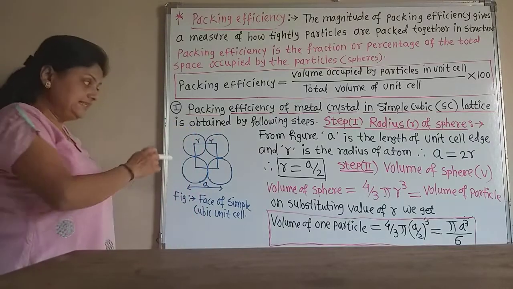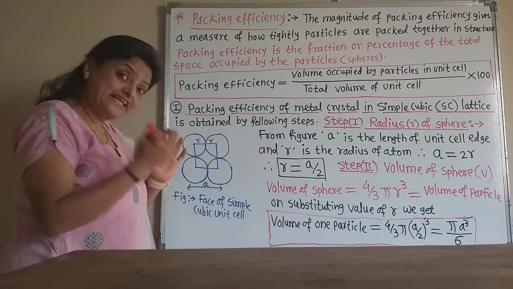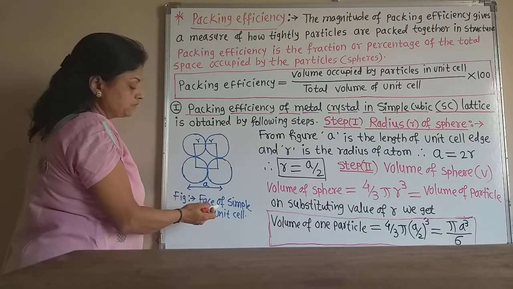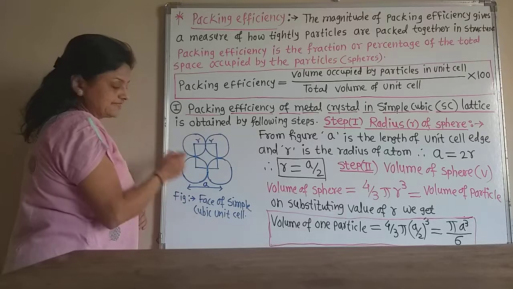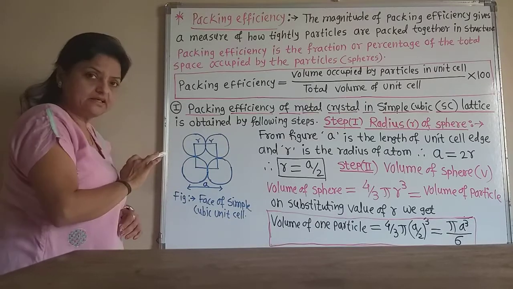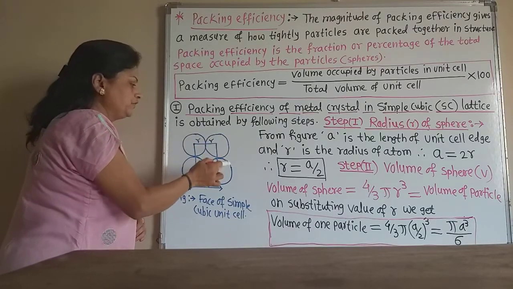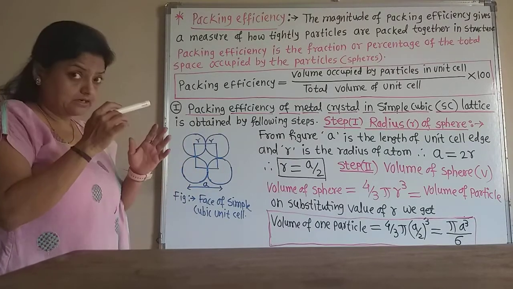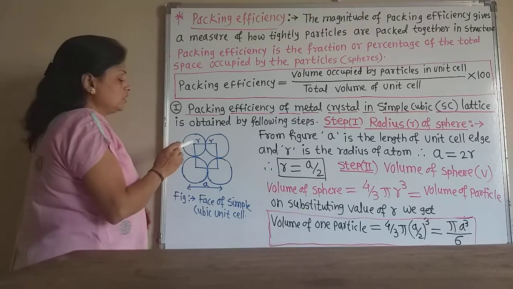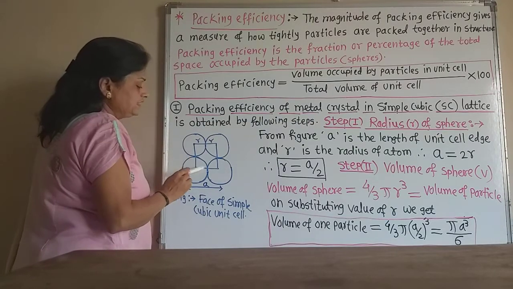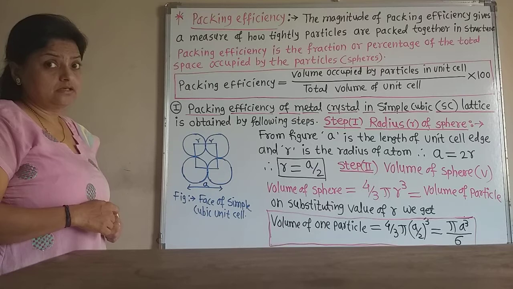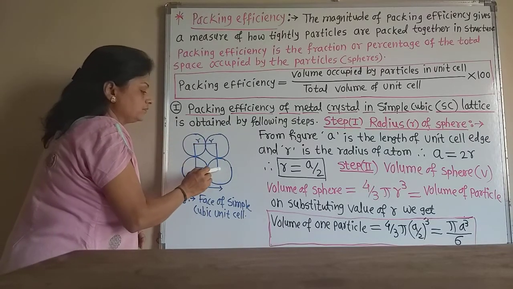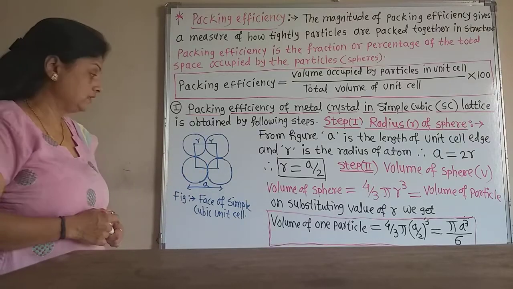So this is the face view of the simple cubic unit cell. This is the figure of any one face of the simple cubic unit cell. Now we know that in the simple cubic unit cell, the particles touch each other along the edge. So if we join the centers of those particles, we obtain the edge length of the simple cubic unit cell.